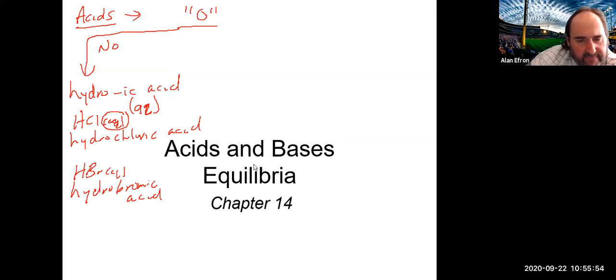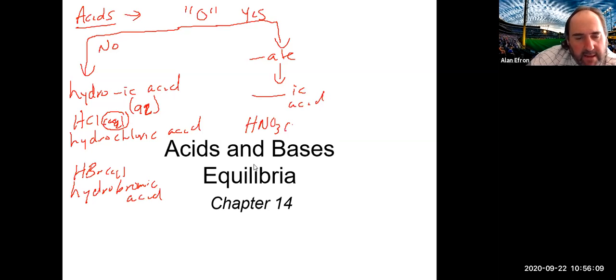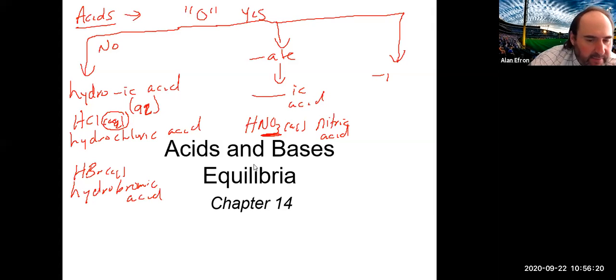If it does have an oxygen, it will either have a polyatomic ion that ends in ATE, which means your acid name will end in ic acid. Like HNO3: NO3 is nitrate, so that is nitric acid. Or the polyatomic ion may end in ITE, in which case it's an OUS acid.